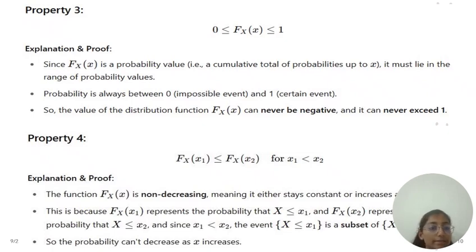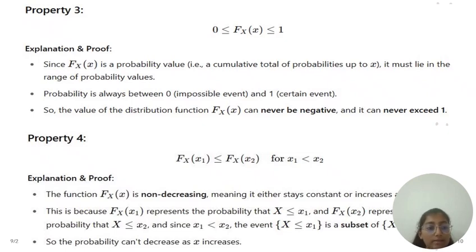Let us move to number 4. The fourth property tells that for x1 less than x2, F_X of x1 is less than or equal to F_X of x2. Here x1 less than x2 represents the subset. Explanation and proof: the function F_X of x is non-decreasing, meaning it either stays constant or increases.